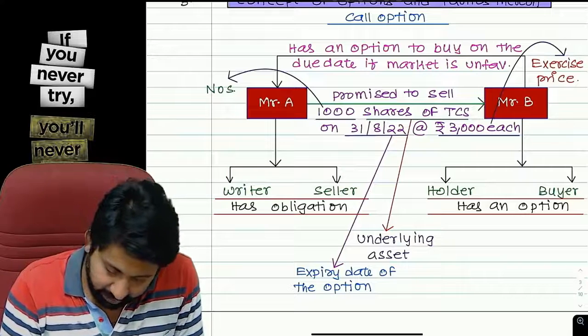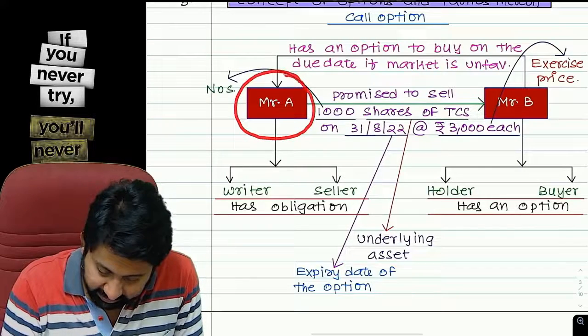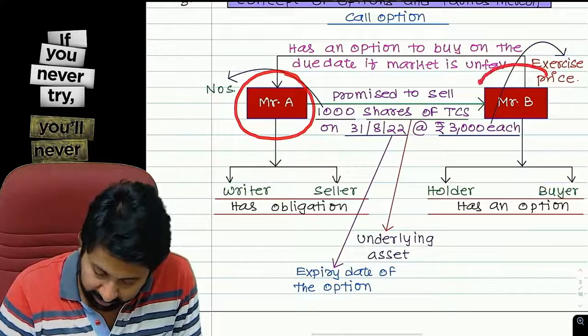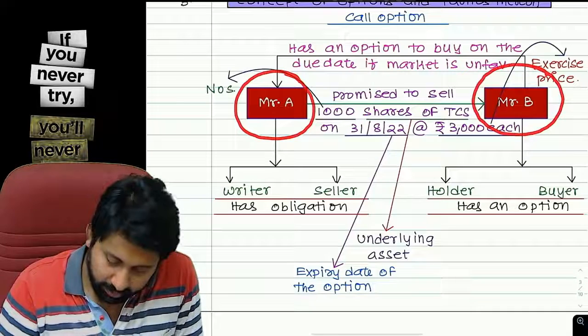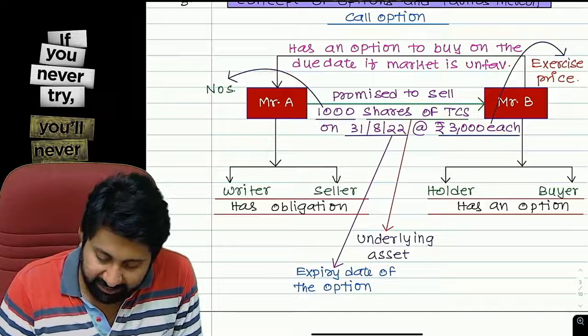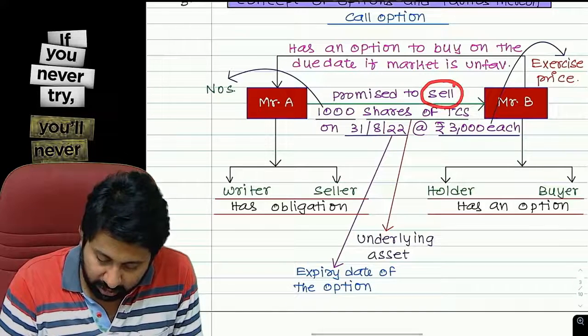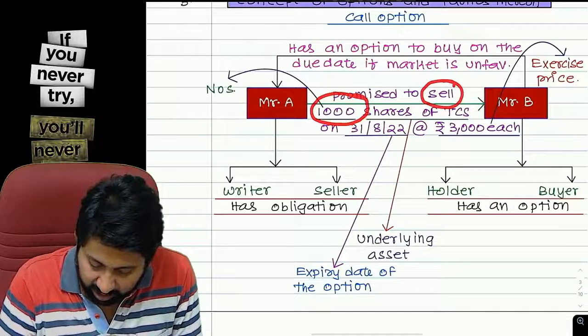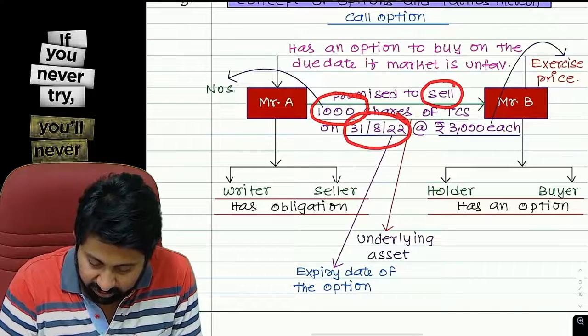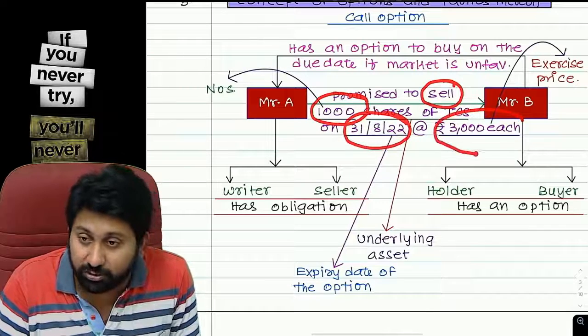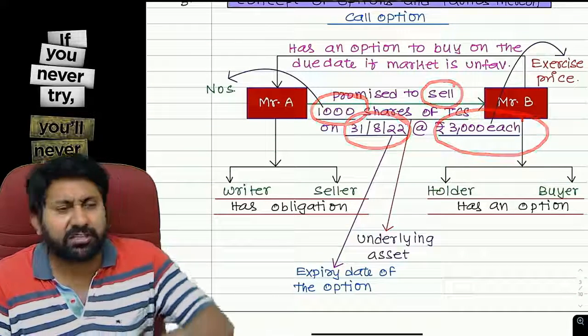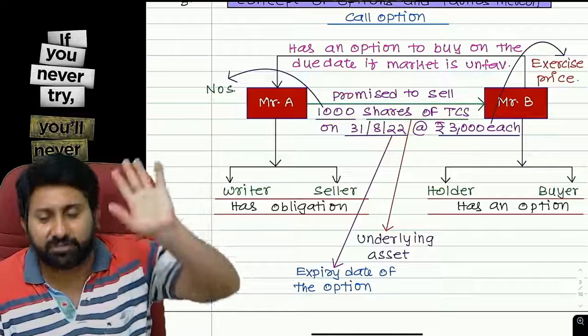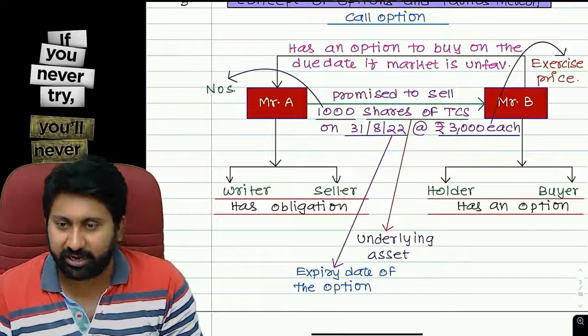Repeat: A made a promise to B that he will sell 1000 shares of TCS on 31/8/2022 at 3,000 rupees per share, irrespective of what is the real price of the share at the future date.